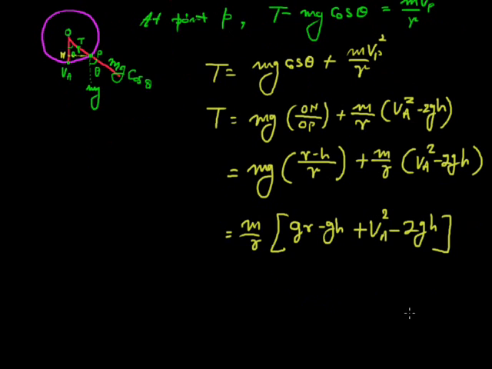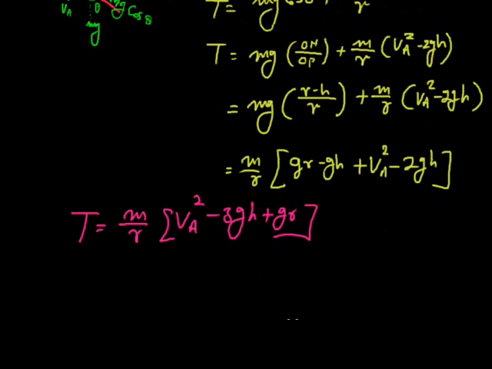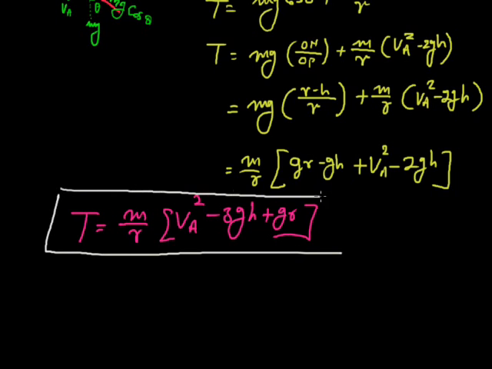The general formula of tension in string will be T is equal to m upon r times (Va square minus 3gh plus gr). This is the general formula of tension at any point P in the string.